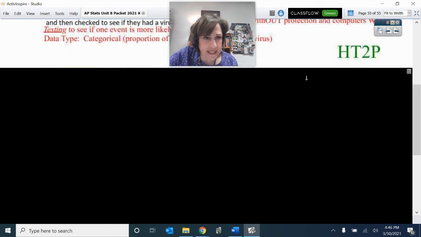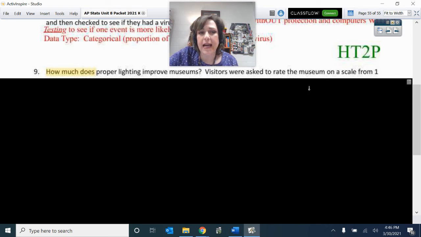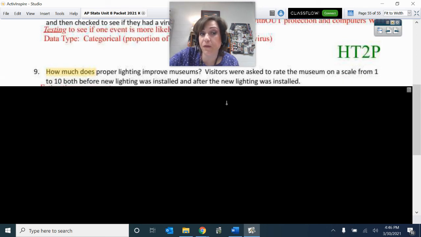Okay, number 9. How much does proper lighting improve museums? So how much? That's an amount. Visitors were asked to rate the museum on a scale from 1 to 10, both before the new lighting was installed and then after.